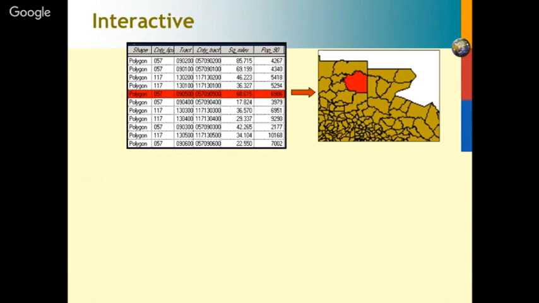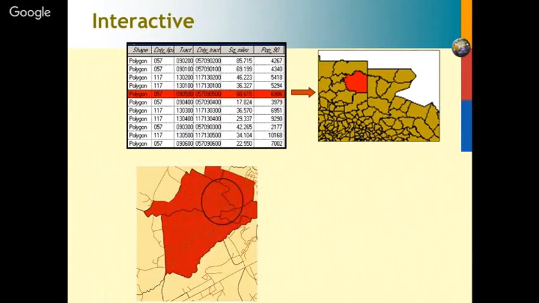As soon as any specific row or attribute gets selected, correspondingly on the visual display area the spatial features will also get reflected. So this is an attribute-based query where direct interaction is done on the attribute tables.